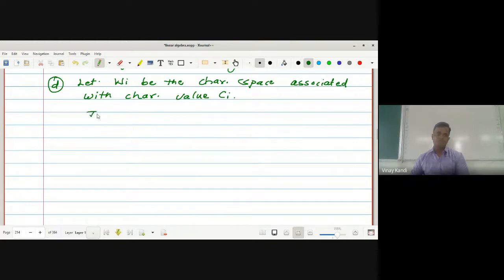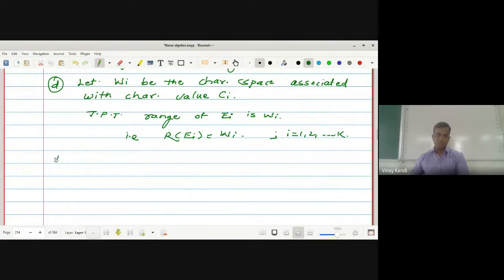Okay, we have to prove that range of Ei, this linear operator Ei's range, is Wi. That is, range of Ei is equal to Wi for all i running from 1 up to k.